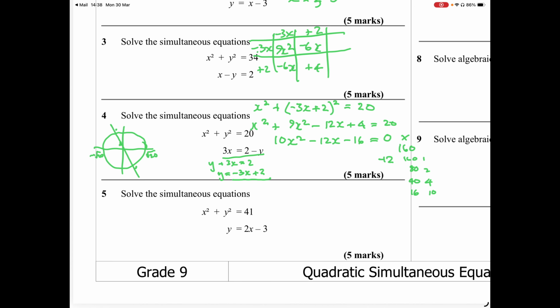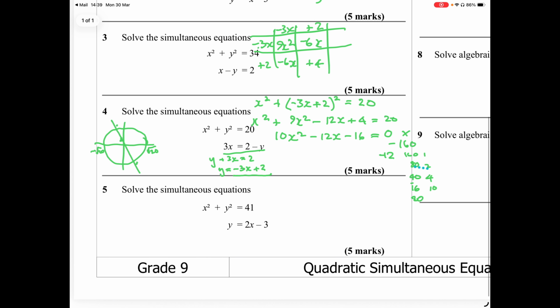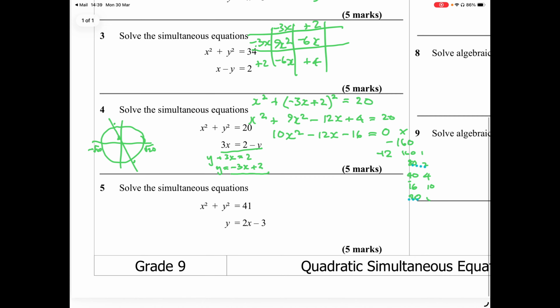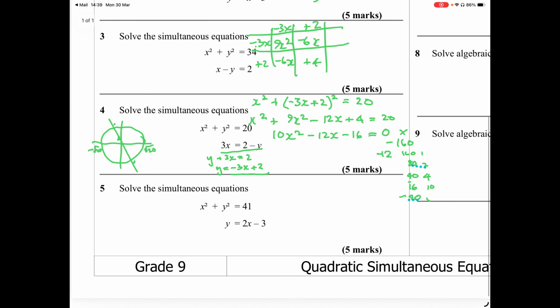Oh, it's minus 160. Let's think. 16, 12, does that go into it? No. 4 does, which we've done, 40. 20 goes in 8 times. There we go, that's the answer, isn't it? So it's going to be minus 20 and plus 8.